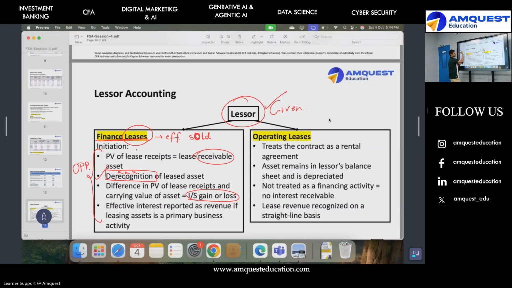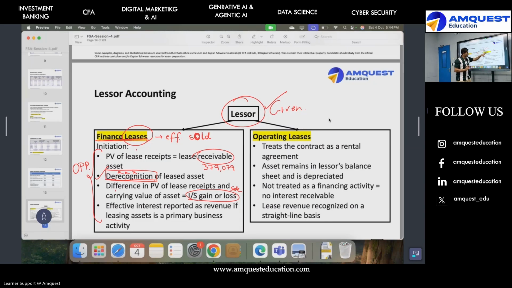If that guy recorded an asset of 379, he will record a derecognition, meaning a sale of asset of 379. He recorded a payable, he'll record a receivable of 379. Understood? So this guy is the mirror image of the other guy. Lessor, lessee. Are we clear there?